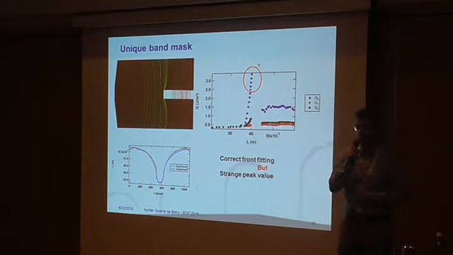We begin our study with the simple band, and the fitting with the pinning model is still very good, but we have a strange peak value here when we enter the strong adhesion band.